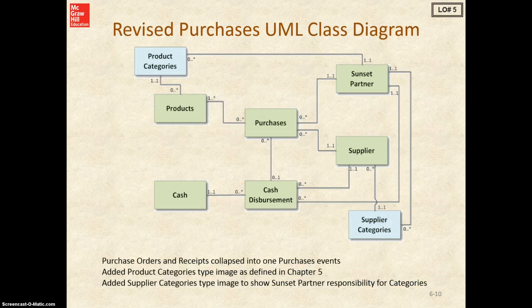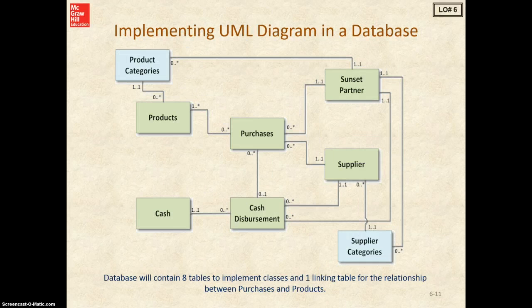A one-to-one relationship between purchase orders and receipts allows the two events to be collapsed into one. Implementing, the database will contain 8 tables to implement classes and 1 linking table for the relationship between purchases and products.